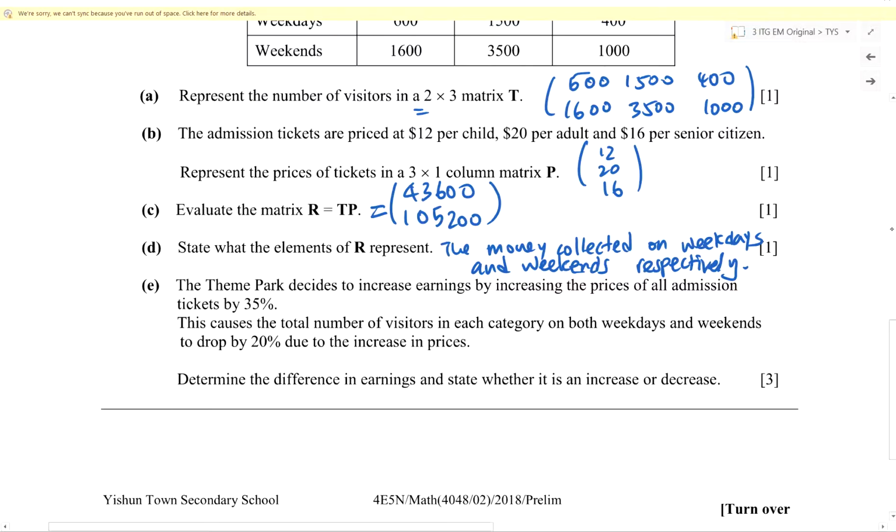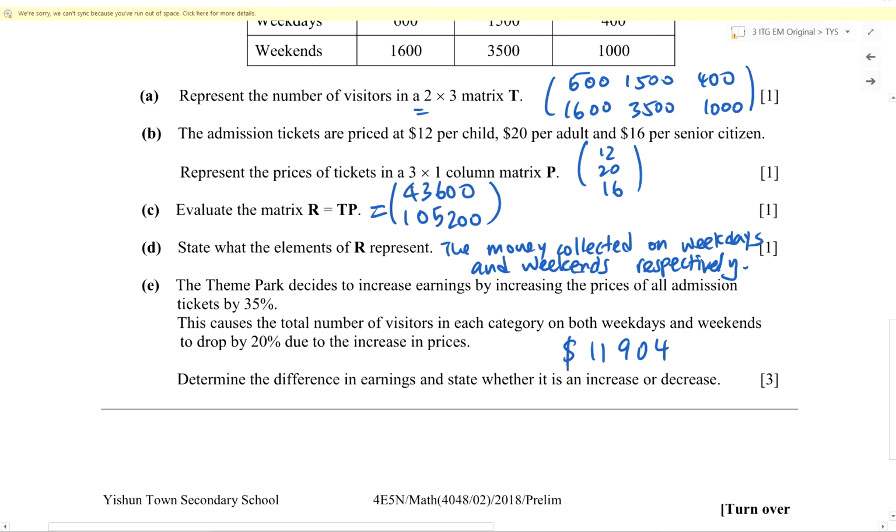So part E, after you do your calculation, either using matrices or you can do it in like the primary school kind of question. Find the new number of people, find a new cost, multiply, find the difference. You will find that the answer is the theme park increases their earning by $11,904.